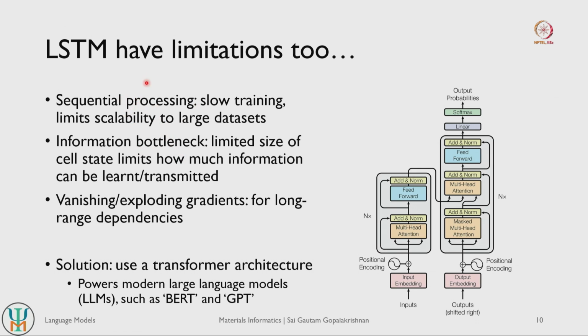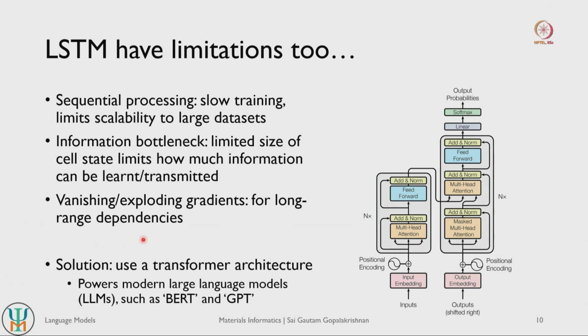And because these models do sequential processing, so they learn about one word at a time, there is also an information bottleneck. So there is a limited amount of information or knowledge that these models can actually pass from one layer to another, right. And for very long range dependencies, you can have the problem of either vanishing gradients or exploding gradients.